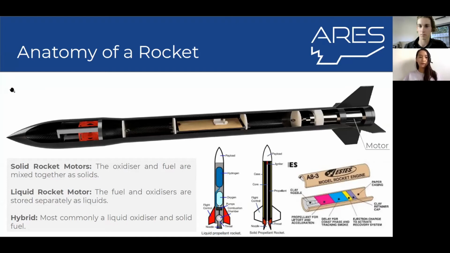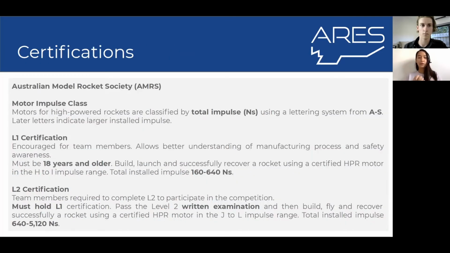So in terms of high-powered rocketry, which is what we're interested in, we deal with a range of rocket motors, and these rocket motors are categorized by impulse. With impulse, you have it categorized by letters.